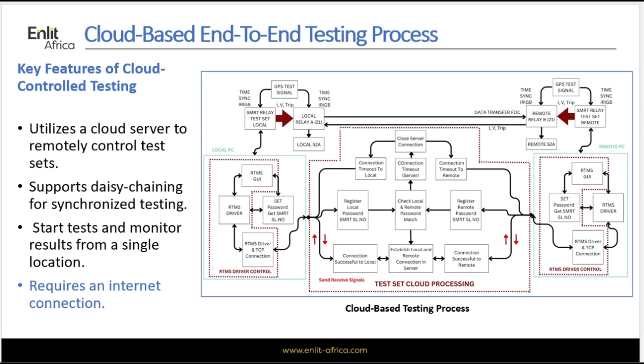If both match based on the cloud registration, then both test sets are connected to each other in the cloud. Then the local end operator can see both test sets in one location and control them. So you can run stability, timing, and pickup tests with no hardware at the remote site, making testing truly scalable.